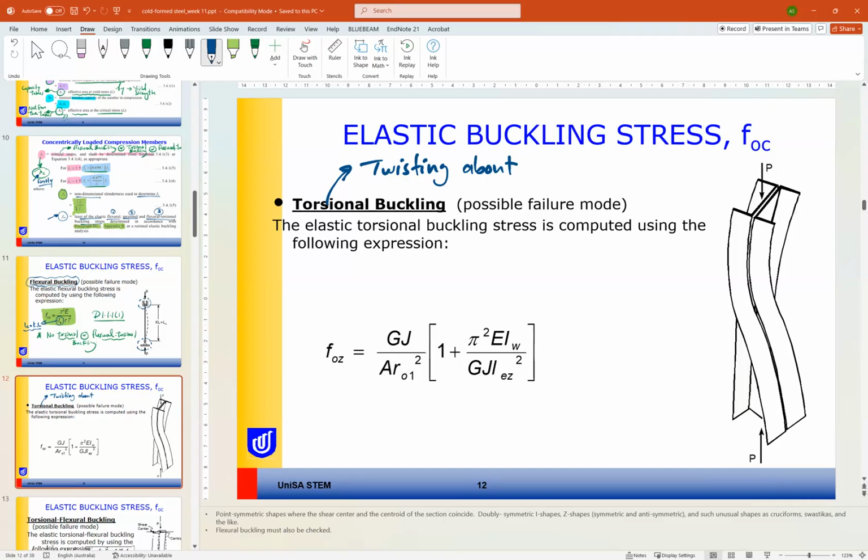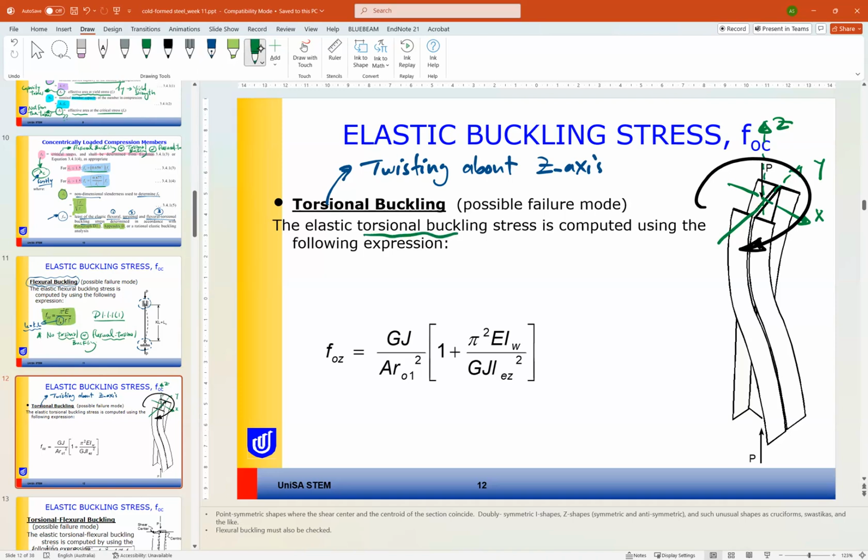Okay, so the twisting will happen about the z-axis. This is the z-axis because this is our x-axis, this is the y-axis. So usually the twisting happens around the z-axis. So the torsional buckling is one of the possible failure modes.